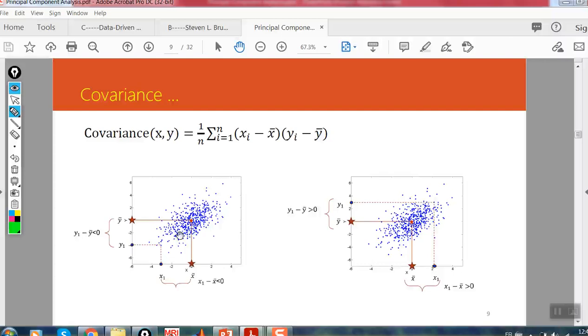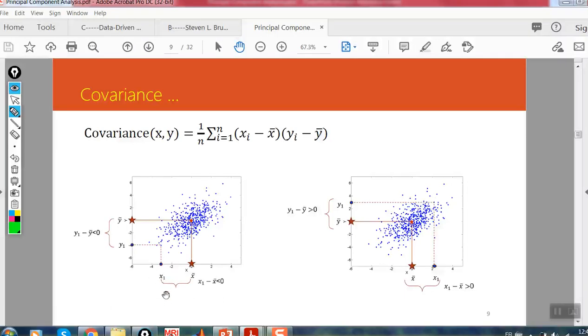I mean, first you project the data along x and along the y direction, and then also project the mean along x and y. Then you calculate the distance between each x and the mean along x, and along the y direction. Here the distance is negative.